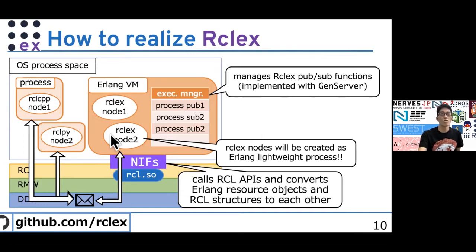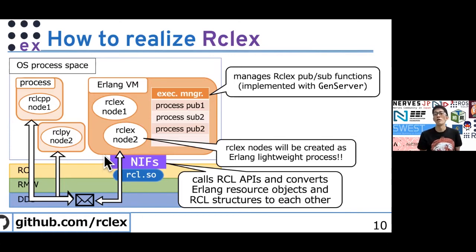Please note the difference between RCL-CPP or RCL-Py nodes and RCLEX nodes. RCL-CPP or RCL-Py nodes are created as Linux processes. On the contrary, an RCLEX node is created as an Erlang process.